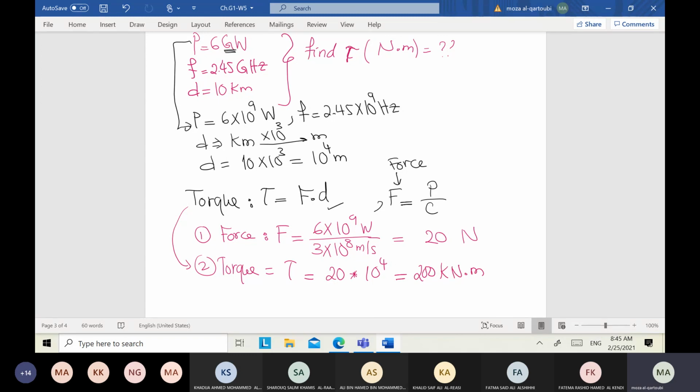We can also write it directly as 20 times 10 to the power 4 Newton meter, or if we take 10 to the power 3, kilo Newton meter. This is the final answer for the torque for this question.